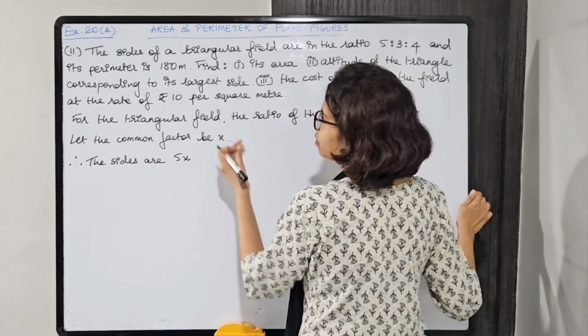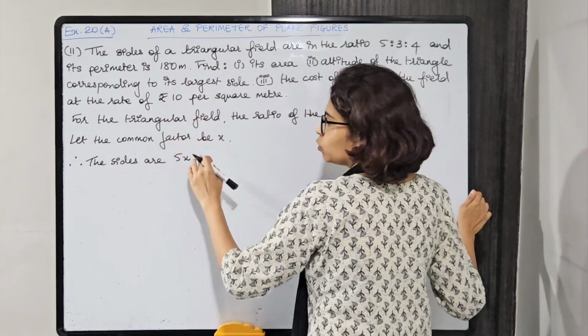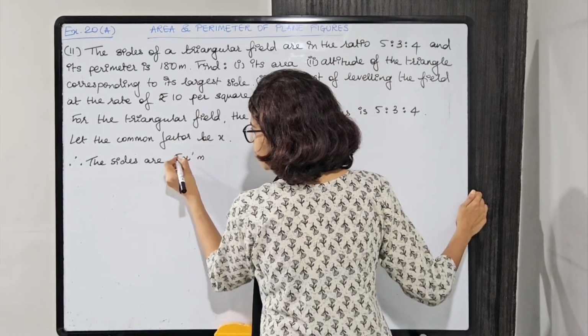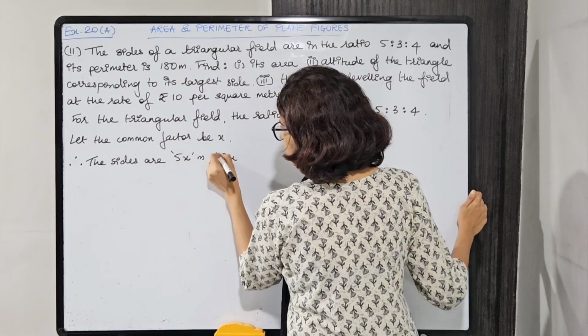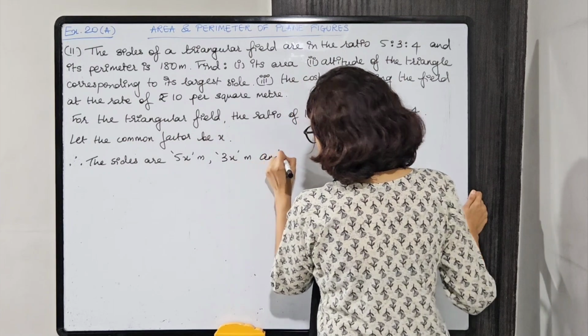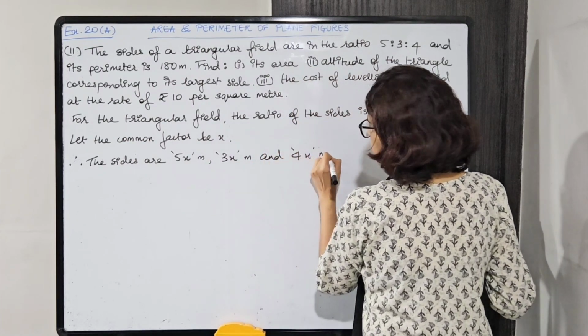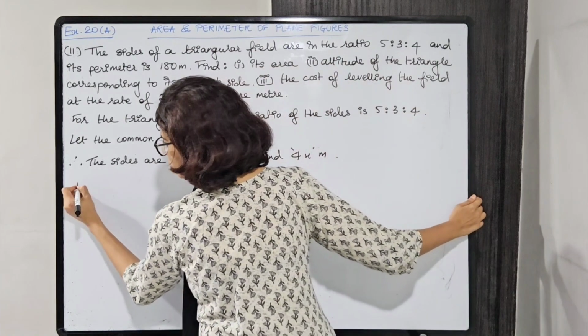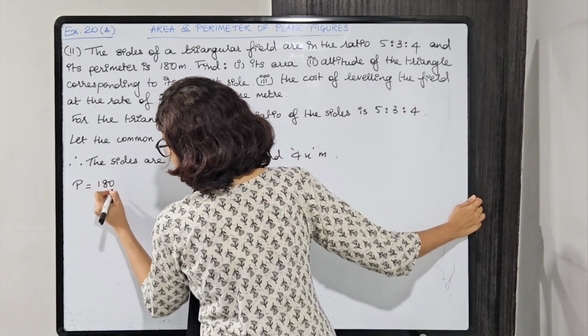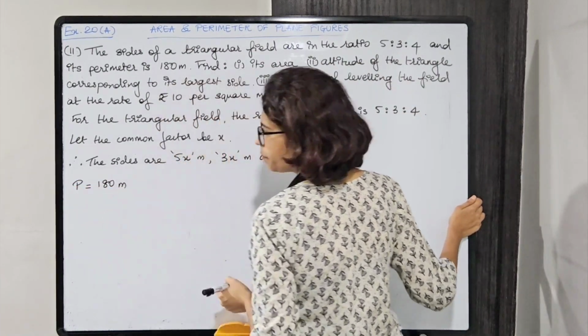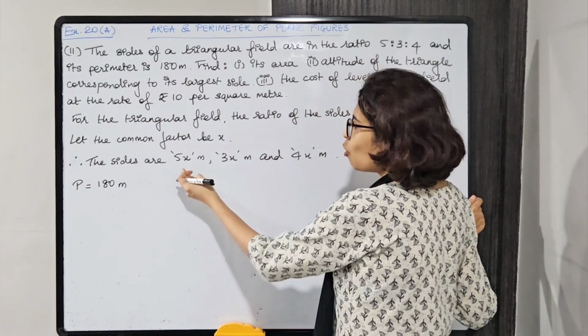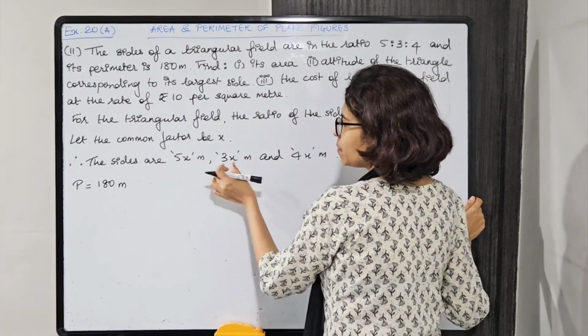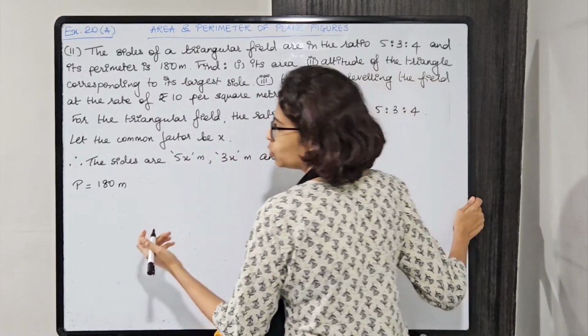Meter. The perimeter is given in meters, so this will also be meters. 5x meter, 3x meter and 4x meter. Okay, now we'll write down the perimeter. Perimeter is 180 meter. Perimeter is the sum of all the sides. So 5x plus 3x plus 4x is equal to 180.